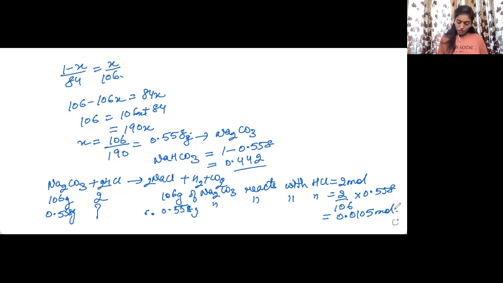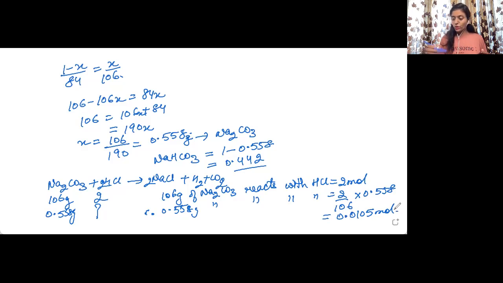Then we need the second balanced chemical equation. I'm writing this value on my paper: 0.0105 mole. So this much amount is required for complete reaction with sodium carbonate.